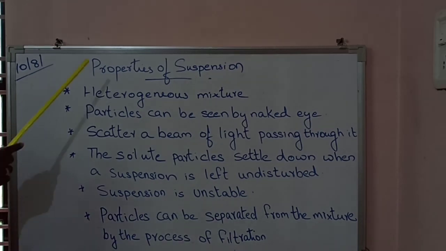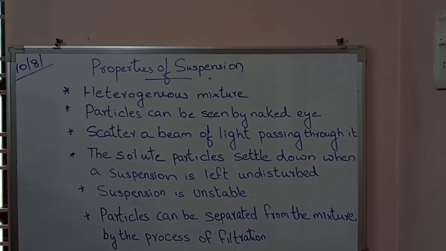What are the properties of a suspension? A suspension is a heterogeneous mixture. Particles of a suspension can be seen by the naked eye. When we pass a beam of light through the suspension, the path of the light is visible. This is because of the scattering of light by suspension particles.